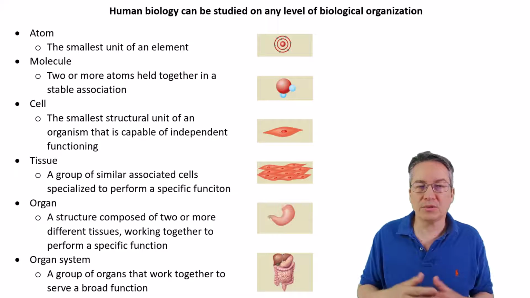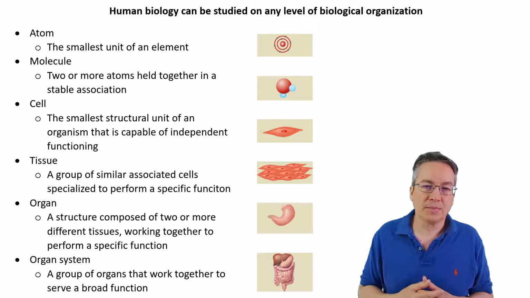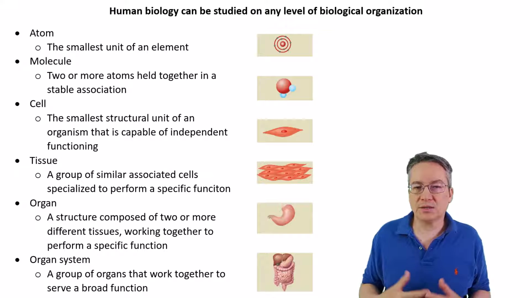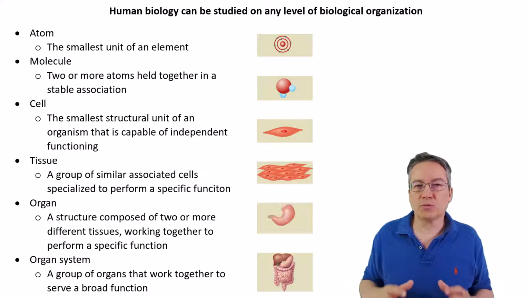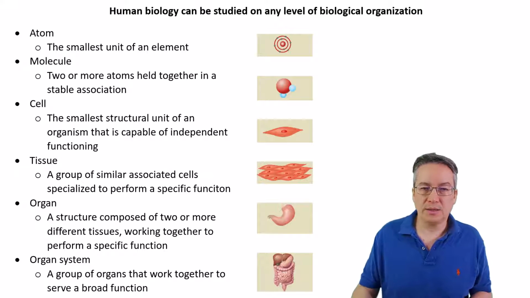It includes the mouth, the salivary glands, the small intestine, the large intestine, the rectum, the anus. It also includes things like the liver and the pancreas. So all these different organs work together to give you the digestive system or the gastrointestinal system.